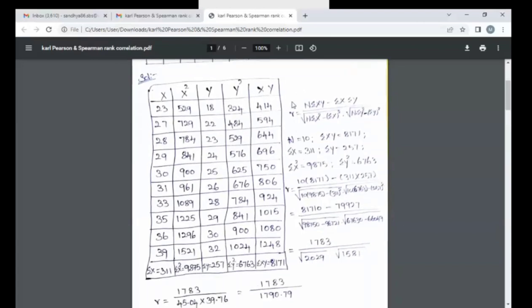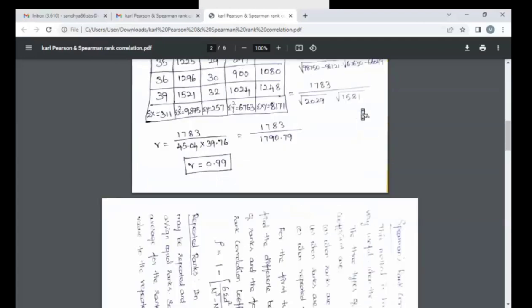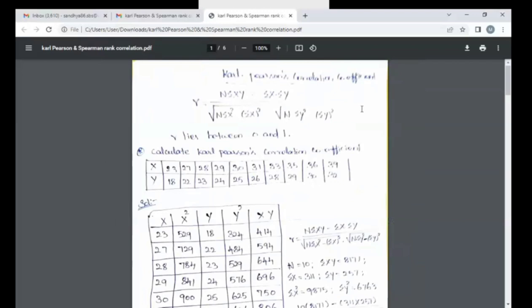Then write the formula for r. It is r equals n summation xy minus summation x into summation y, divided by square root of n summation x square minus summation x the whole square, into square root of n summation y square minus summation y the whole square.